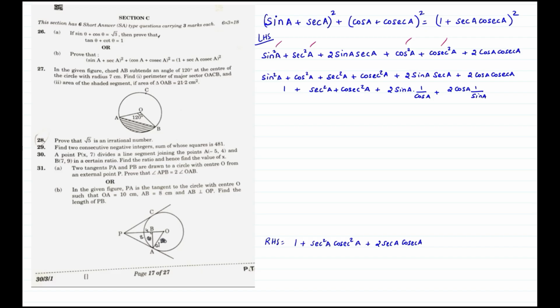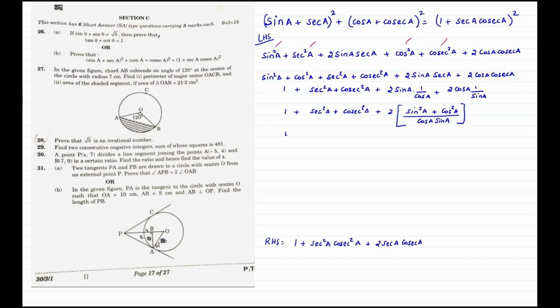So the next step will be 1 + sec² A + cosec² A + 2, I will take it as common. The numerator will be sin² A + cos² A, and the denominator will be cos A into sin A. Sin² A + cos² A is equal to 1.